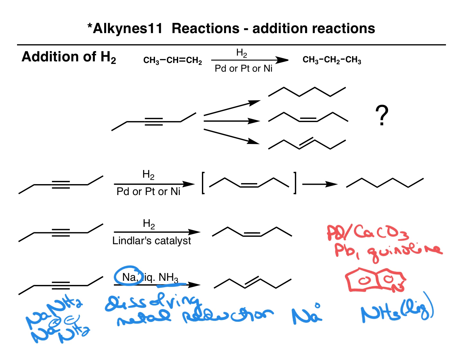I want you to be able to know what happens. I'm not going to ask you about how it happens. So, alkynes can be converted to alkanes, or they can be converted selectively to cis alkenes, or selectively to trans alkenes, depending on the reaction conditions.